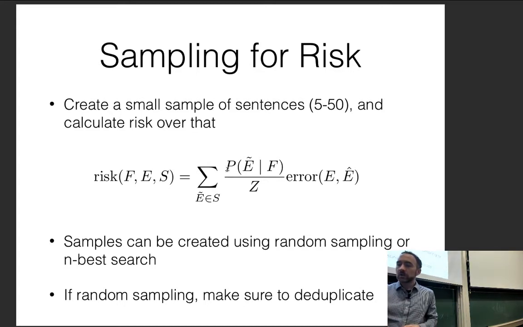But here, if you do random sampling with replacement, you could potentially get two of the same outputs, and then you might accidentally sum over the same thing twice. So you might accidentally get P of E tilde given F where this corresponds to the same sentence. And that's not an appropriate way to train using this method. Sorry, that's also kind of a fine-grained detail here.